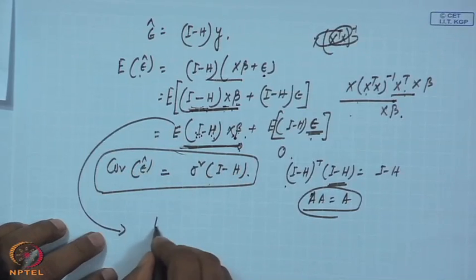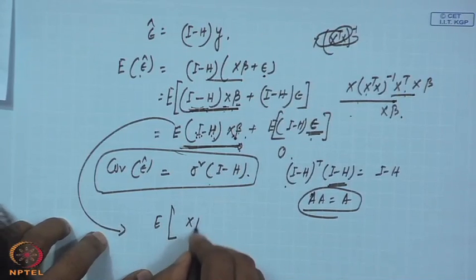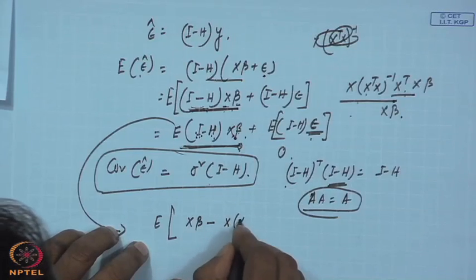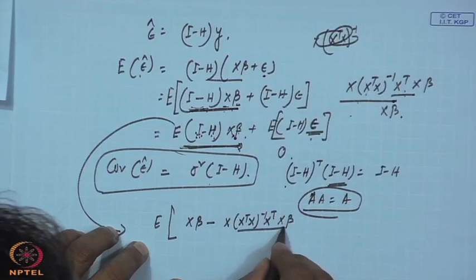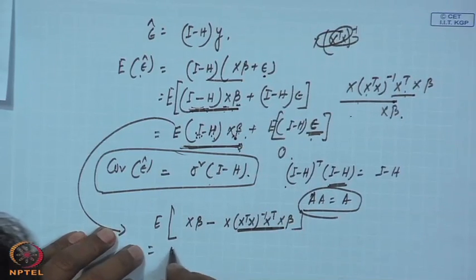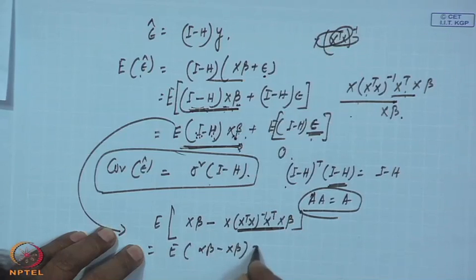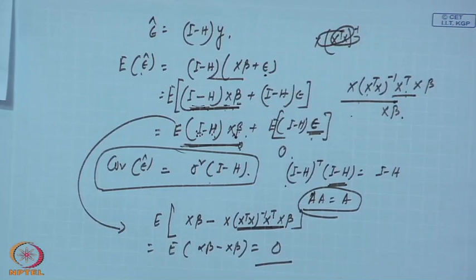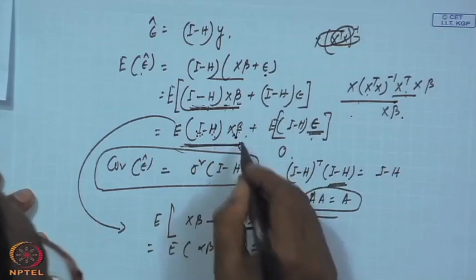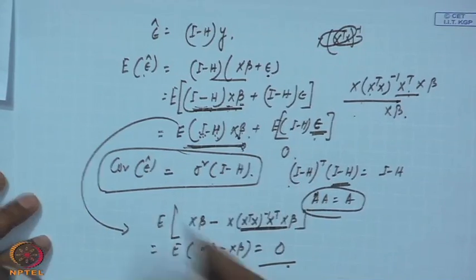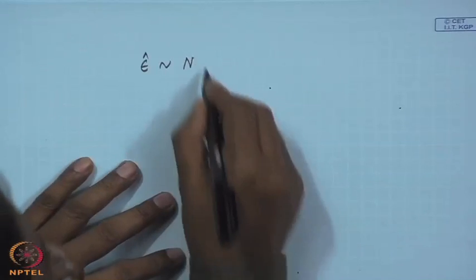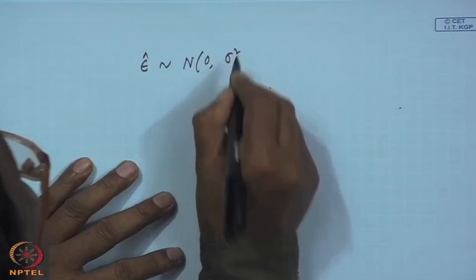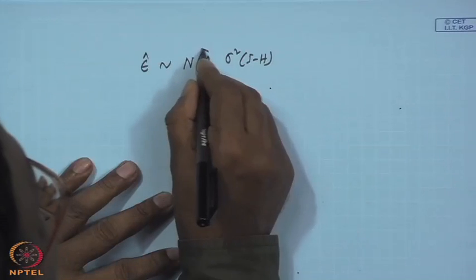This quantity will become, I am again writing, X beta minus H, which is X (X transpose X) inverse X transpose, times X beta. This quantity is I, so that becomes X beta minus X beta, so it becomes 0. It is a fixed value definitely, but ultimately that fixed value is 0. So, the distribution of this one is normal with mean 0 and covariance sigma square (I minus H).